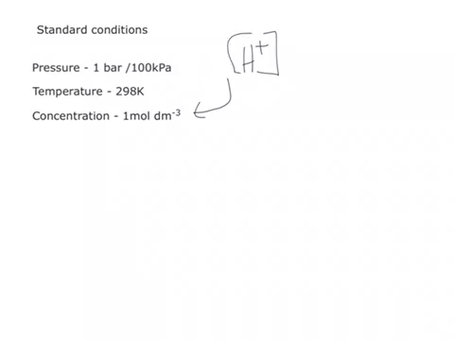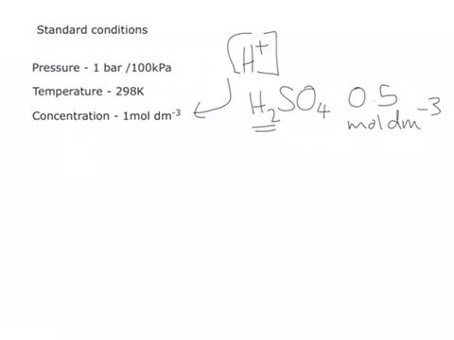So if, for example, you are using H2SO4 to provide those hydrogen ions, because this is diprotic, rather than using 1 mole per decimetre cubed sulfuric acid, you would actually need 0.5 mole per decimetre cubed of your sulfuric acid in order to provide 1 mole per decimetre cubed of hydrogen ions.